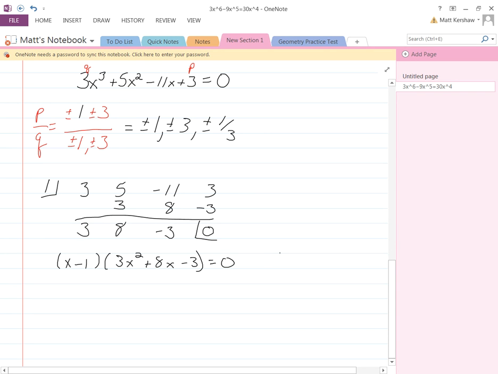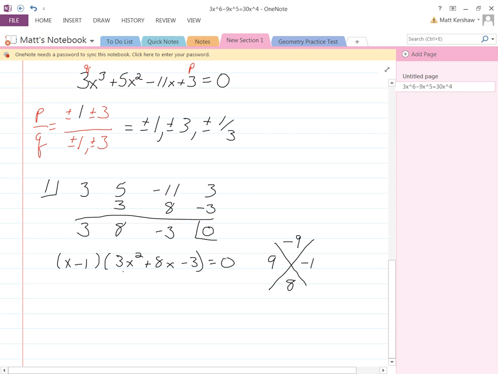So if you wanted to try your magic x, take the first and last. 3 times -3 gives us -9, and 8 goes on the bottom. So what numbers multiply to -9 but add to 8? That would give us positive 9 and a -1.